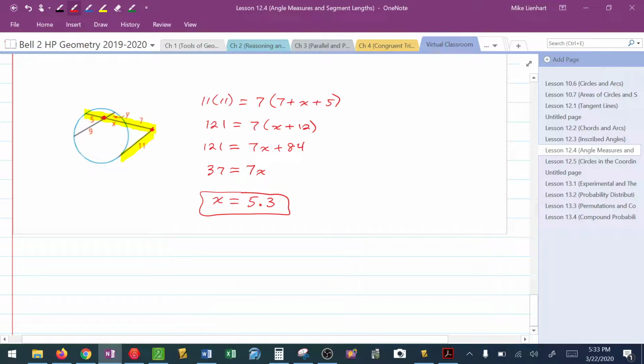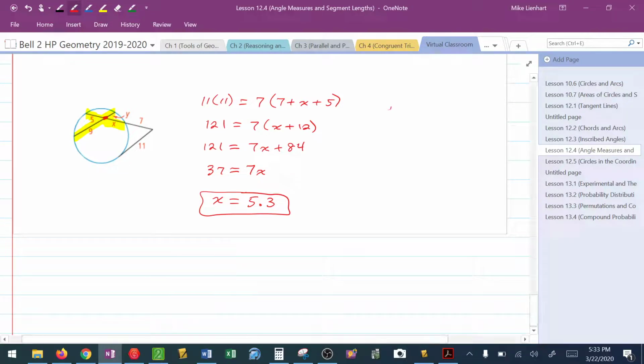All right. Now, to find y, I have to use 5.3. And the reason being, let me kind of erase some of these marks here. The reason being is because the vertex here is in. So that means that I have to use these two interior segments. They're also known as chords. All right, so let's try to write this up now.